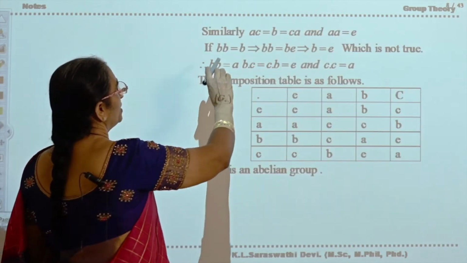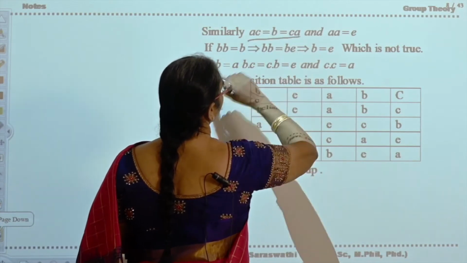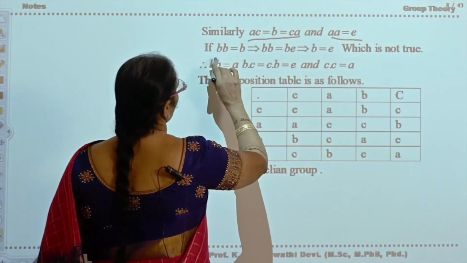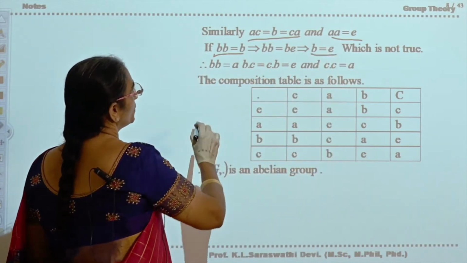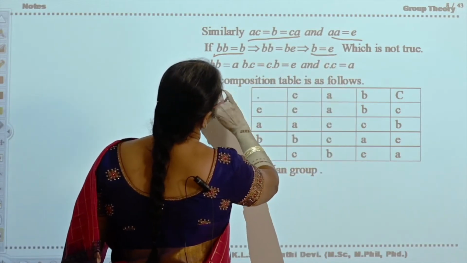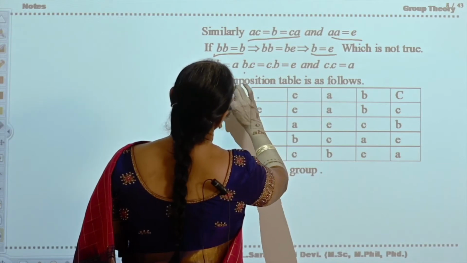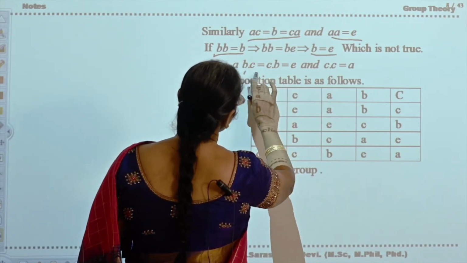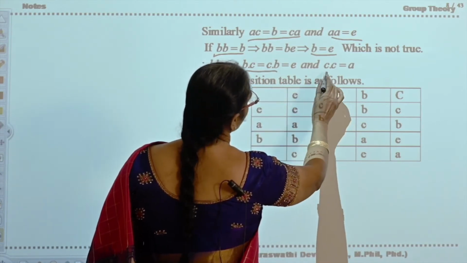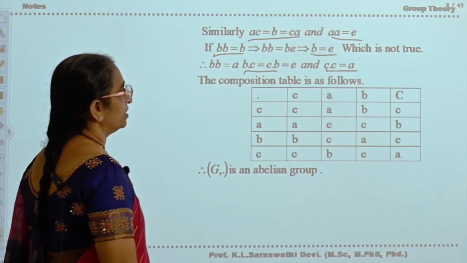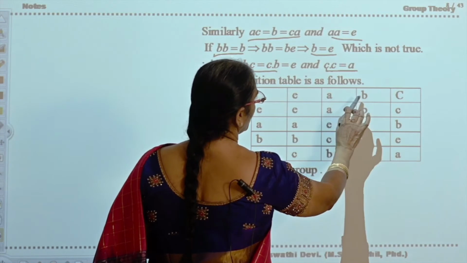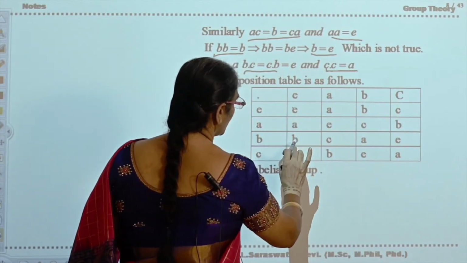BB is equal to B implies B is equal to E, which is not true. Similarly, BB is equal to A, BC is equal to CB is equal to E, CC is equal to A. Using that, if you take the composition table, see here, E, A, B, C, E, A, B, C.